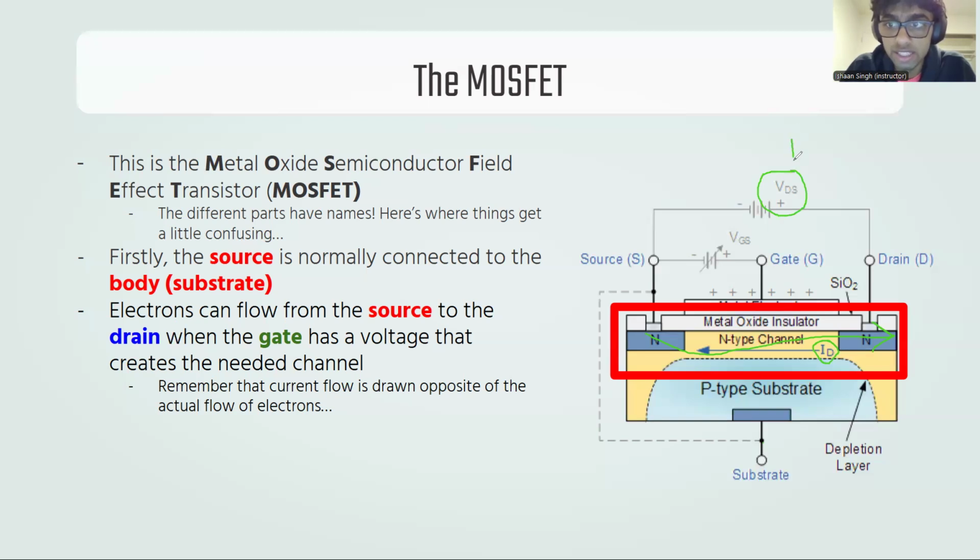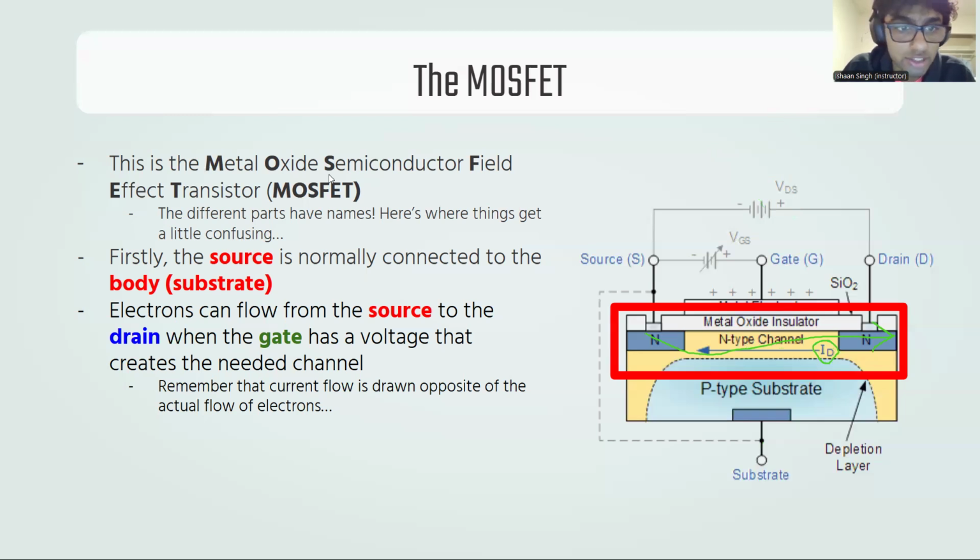So since this voltage is higher here and lower here, current will go in that direction and electrons flow in this direction. But actually that's a very insightful question because it's not obvious why ID can't go in the other direction. For now, just accept at face value that the current can only go from drain to source, or in other words, electrons can only flow from source to drain.